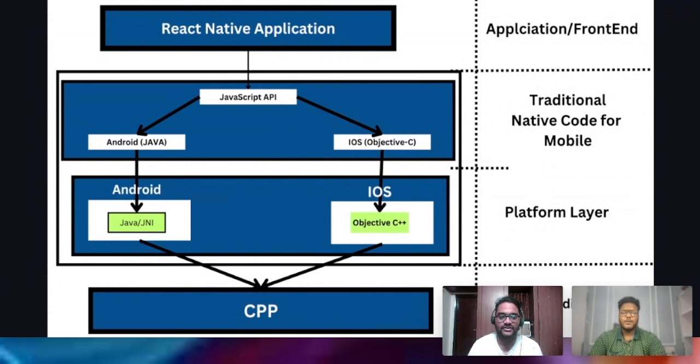Inside the plugin we have two parts, Android native and iOS native, and thereby we have this JNI support and Objective C++ wrapper, because we need to communicate with the CPP pipe.